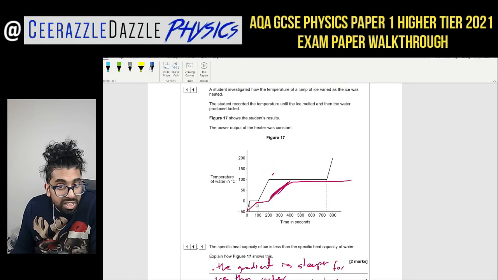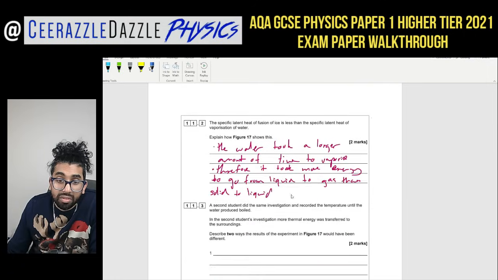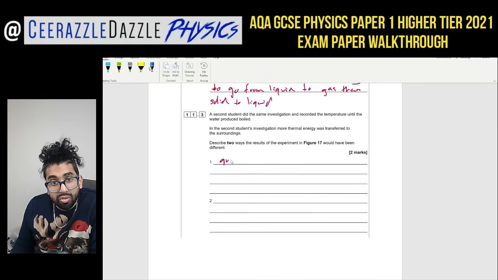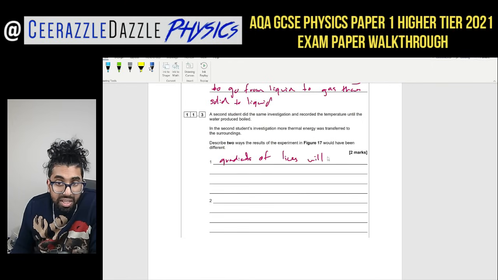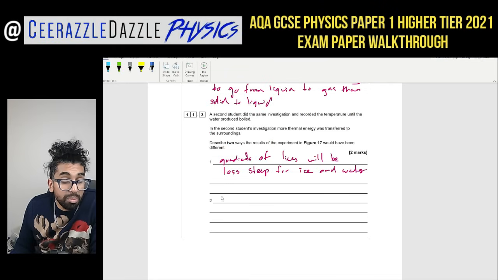The gradients of the line become less steep, and the length of time when changing state will be longer as well. So number 1, gradients of lines will be less steep for the ice and water, and then also it would take a longer amount of time.